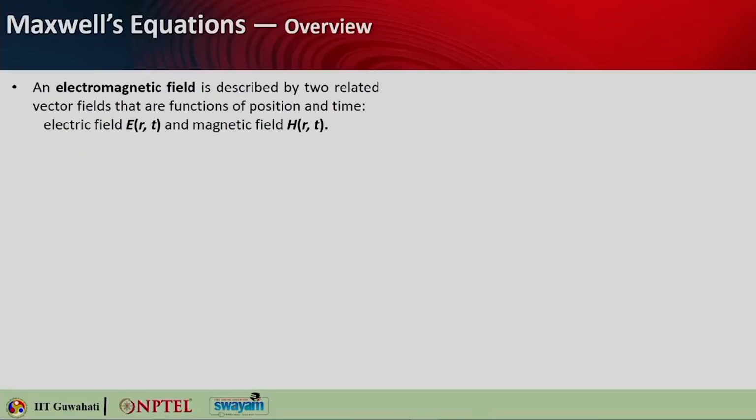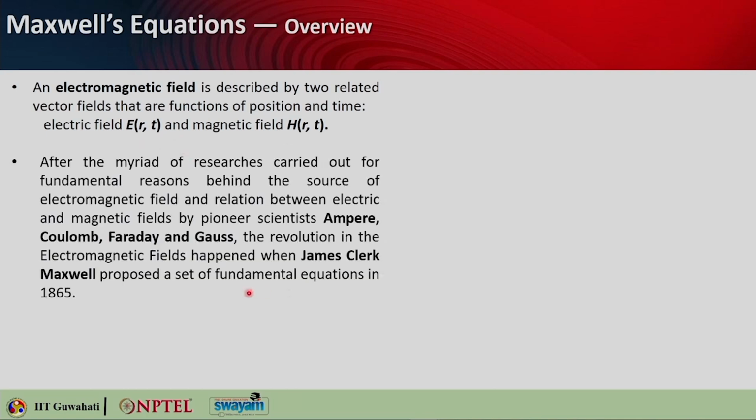Maxwell's equations describe the electromagnetic field by two related vector fields. One is the electric field, another is the magnetic field, and these fields are both functions of r and t, that is space and time.